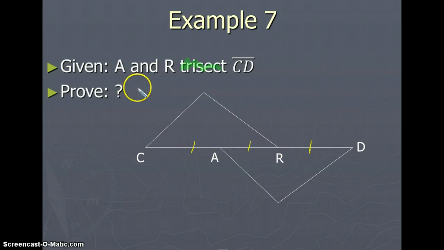So I'm going to say that CA is congruent to AR, which is congruent to RD. And like we did with that angle one a minute ago, if you want to pick two of the three, that's a valid conclusion as well. But because we have the information to say that all three are the same, why not say that all three are the same?